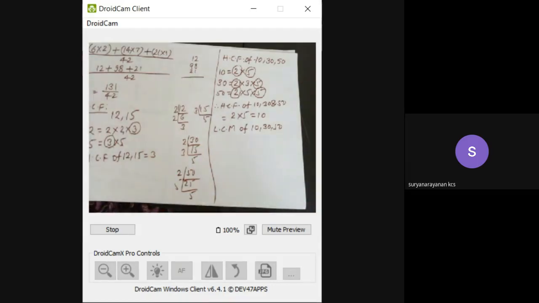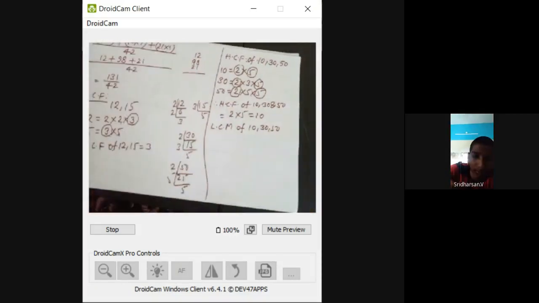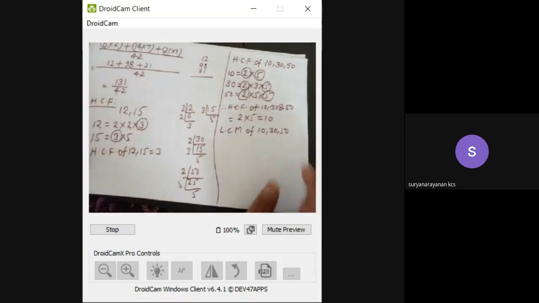Once check your answers, my dear children. Sir, answer is 150. Bibina and Sridarshan told that LCM of these three numbers is 150. But you told 210.